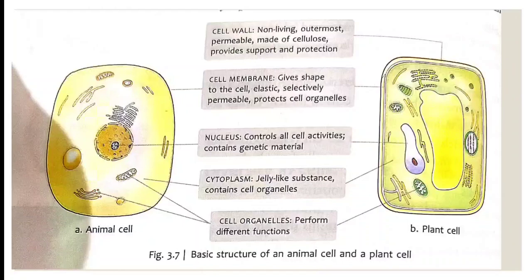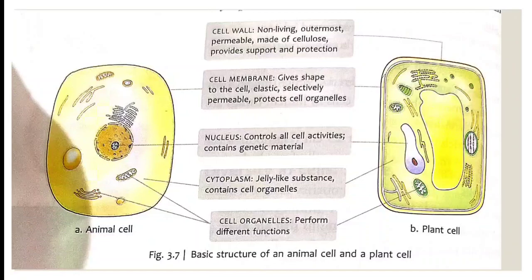If we consider the diagram of animal cell over here, the two parts are very clearly visible. The inner denser part is called the nucleus, the third labeling, and the second part is called the cytoplasm.